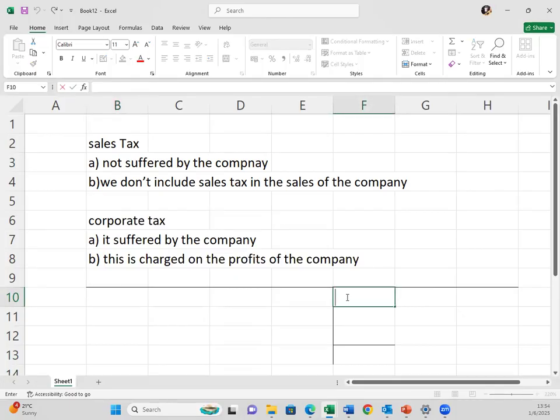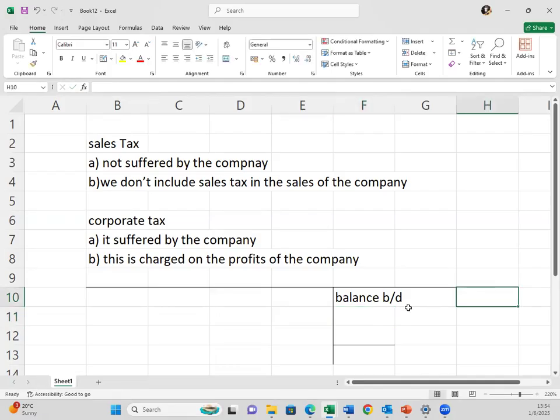So tax for this year, we are going to pay next year. We start with the balance b/d on the credit, being the amount of tax you calculated for last year, which you did not pay.